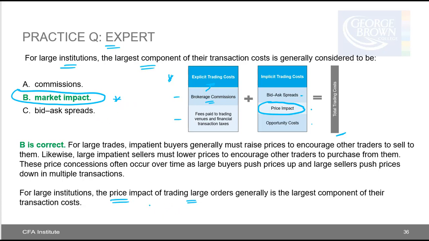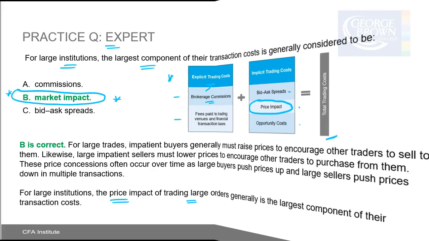Market impact is the price impact. So again, you need to be really laser-like with your reading of the questions and very much up to speed with all the terminology, okay? Sometimes different words mean the exact same thing. Perfect example of that in this question.